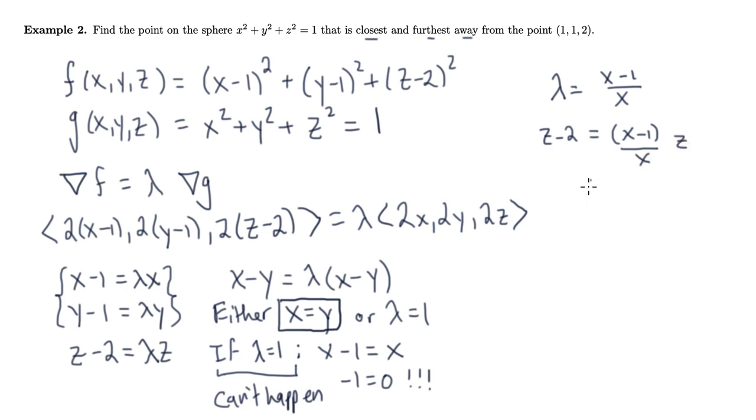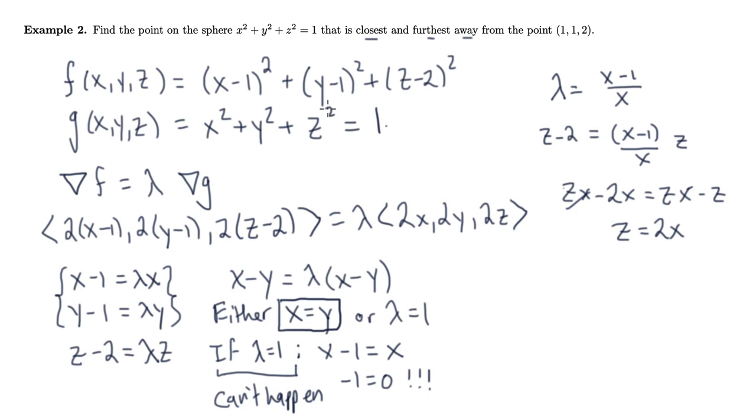Or if I multiply both sides by x, I have zx minus 2x equals zx minus z. The zx's I can cancel, and I get that z is equal to 2x. Well, that's great. Now I know that x equals y, and z is equal to 2x.